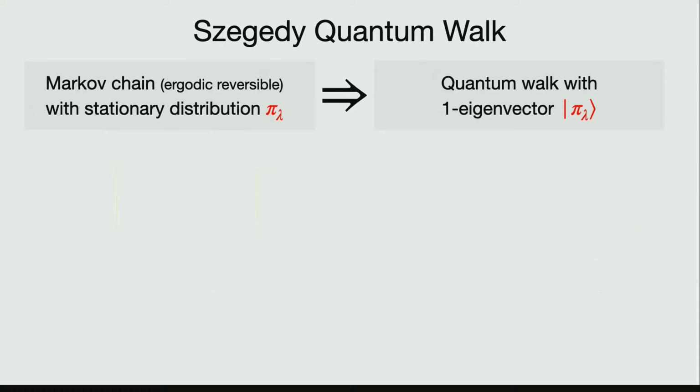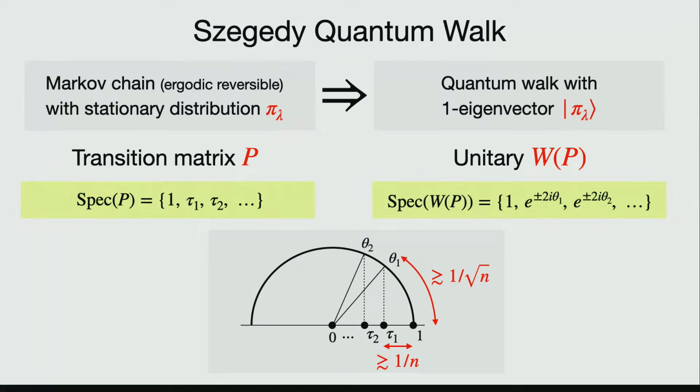Okay, so just a quick description of how it can be achieved. This is the so-called Szegedy quantum walk. This is a very general technique that can be used to turn any classical reversible ergodic Markov chain into a quantum unitary operator whose one eigenvector is encoding the corresponding stationary distribution. Again, what's important in this conversion is that you can relate the eigenspectrum of the initial transition matrix to the eigenspectrum of the unitary operator.